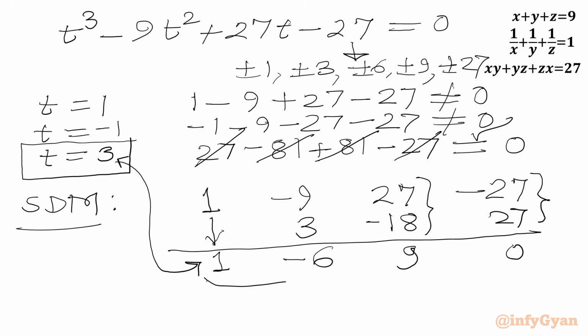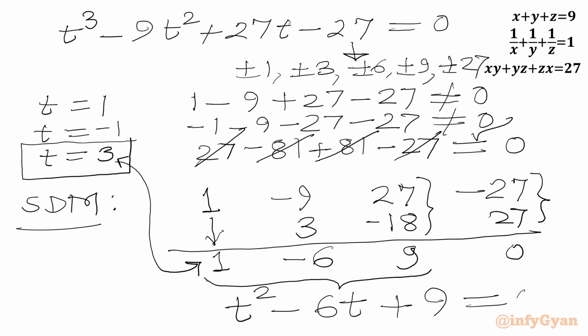So these are coefficients for the quadratic equation. We will write the equation t square minus 6t plus 9 equal to 0. Our base solution is t equal to 3.